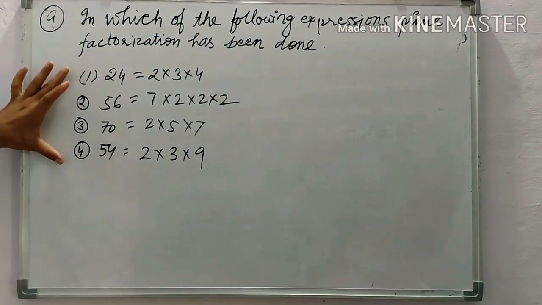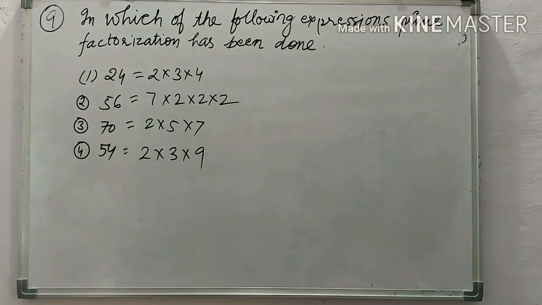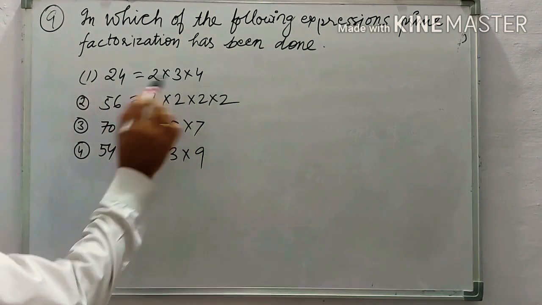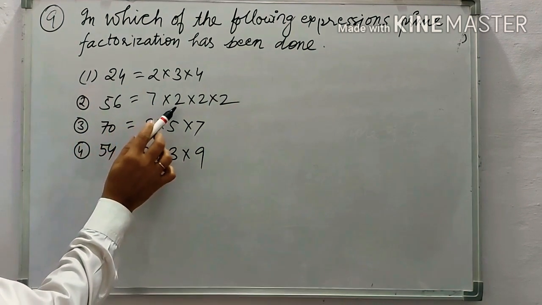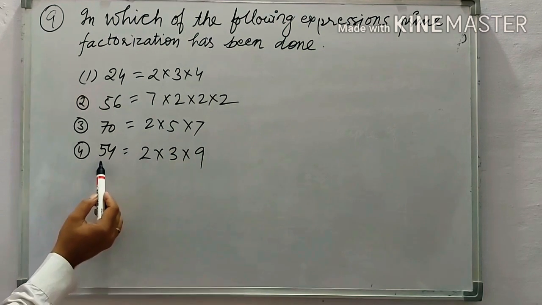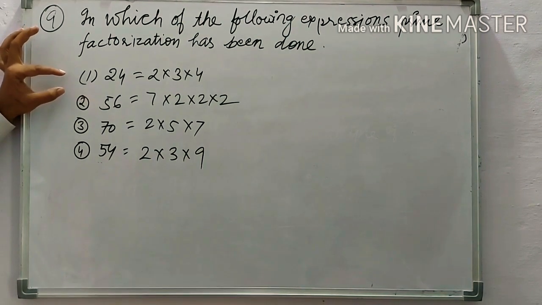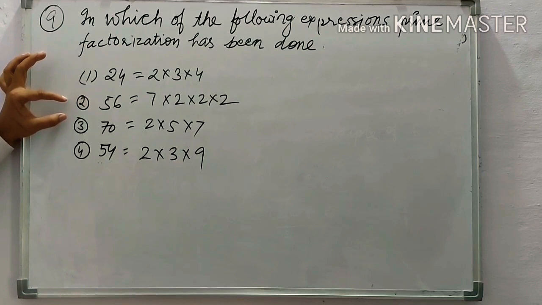Here four numbers are given with their factors: 24 is 2 into 3 into 4, 56 is 7 into 2 into 2 into 2, 70 is 2 into 5 into 7, and 54 is 2 into 3 into 9. You have to check in which expressions prime factorization has been done and not done.